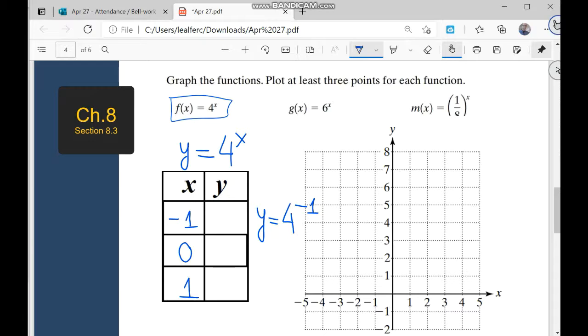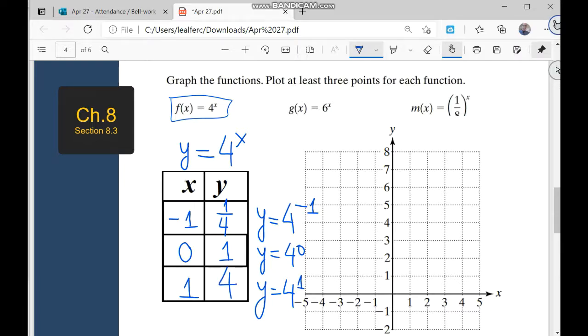So y equals 1 over 4. If x equals 0, y equals 4 exponent 0, and 4 exponent 0 equals 1. If x equals 1, y equals 4 exponent 1, and then y equals 4.